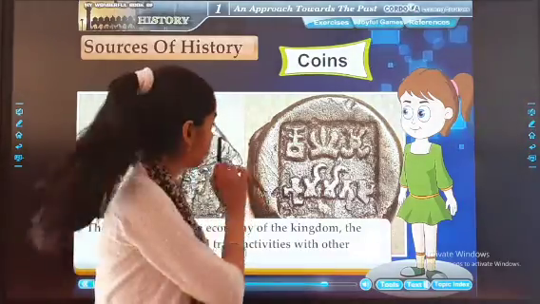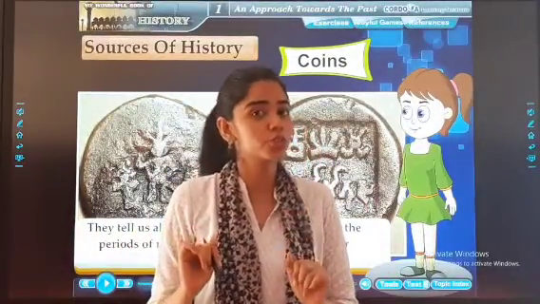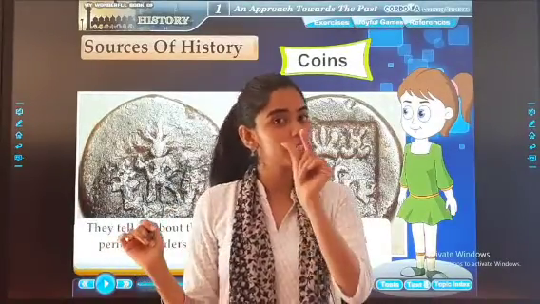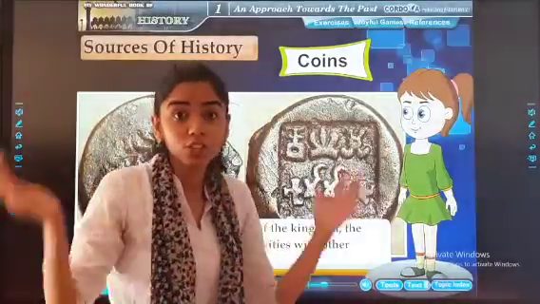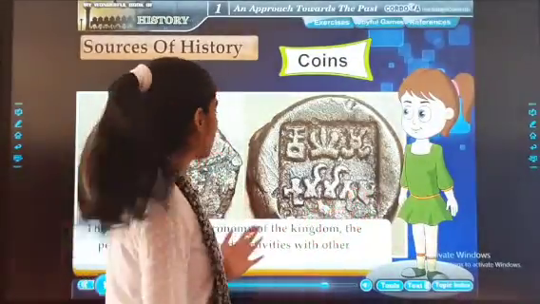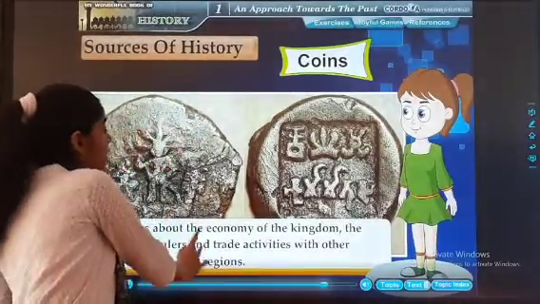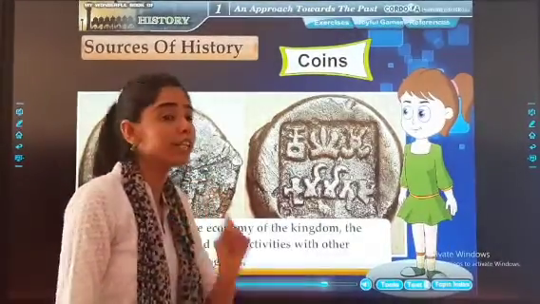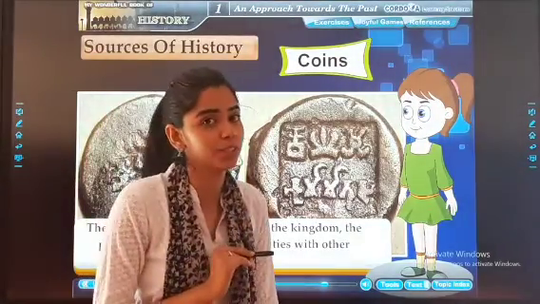So in the video you see the coins are much different than what we use today, right? The coins that we use now, and if you look at these coins, they are so different. So coins were very important even today, and they tell us about the economy of the kingdom, the period of rulers and trade activities.